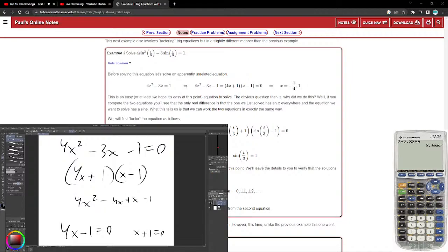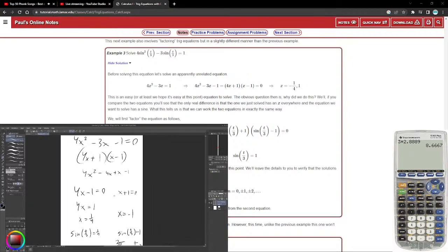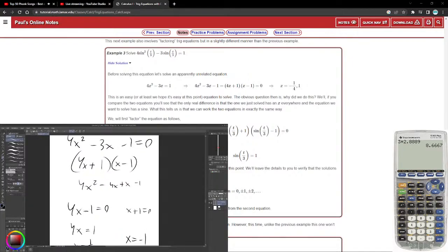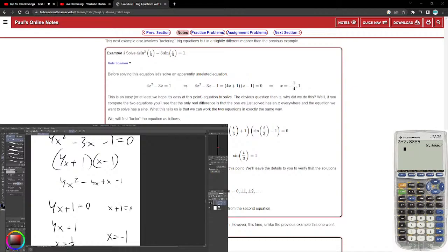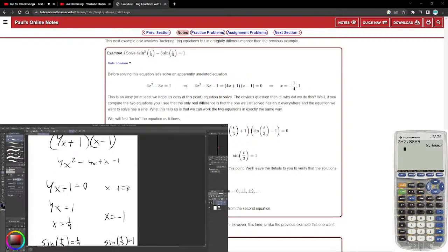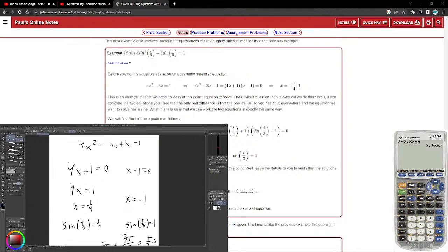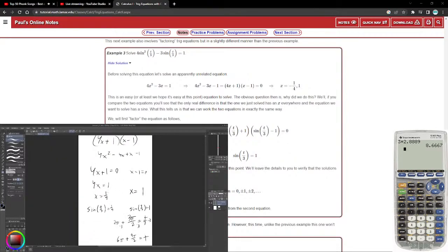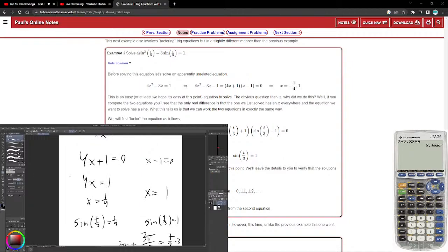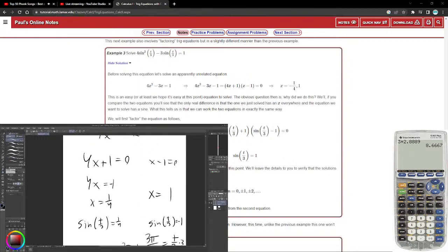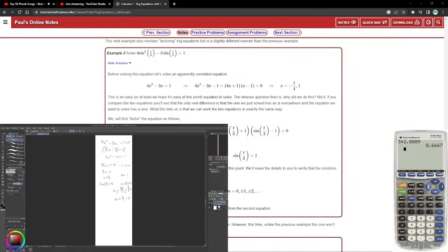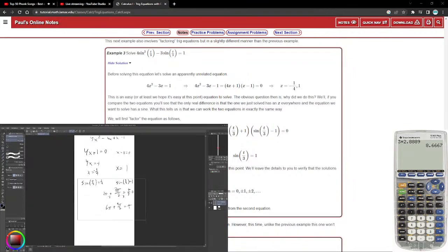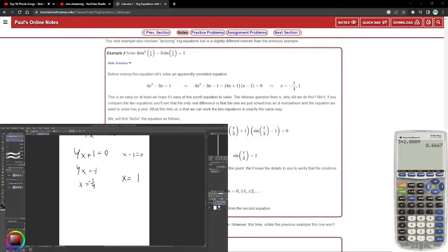Okay, so 4x squared minus 4x plus x minus 1. So 4x plus 1, x minus 1. So x equals 1. 4x equals -1, x equals -1/4. Alright, at least not too much work. Has to be erased this time.